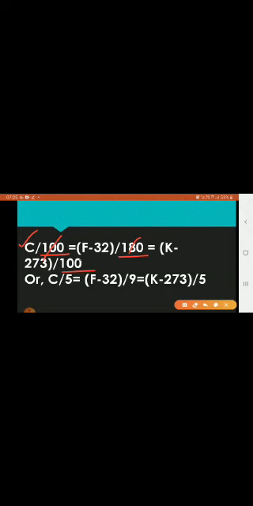We are cutting these three numbers by 20, so we are getting 5, 9 and 5. So we get the reduced relationship, that is C by 5 equals F minus 32 by 9 equals K minus 273 by 5. Now how to use this relation, I will show you in the next slide.